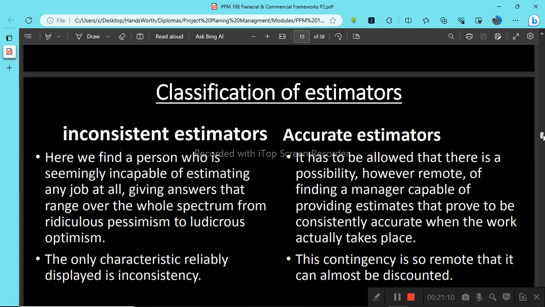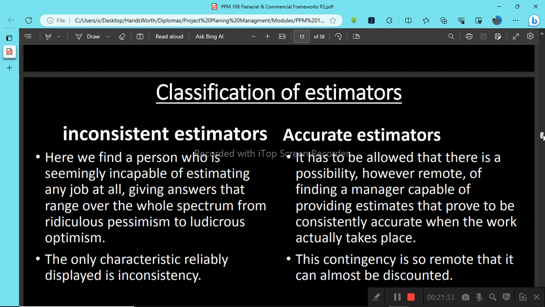Then we have the accurate estimator. It has to be allowed that there is a possibility, however remote, of finding a manager capable of providing estimates that prove to be consistently accurate when the work actually takes place. This contingency is so remote that it can almost be discounted.